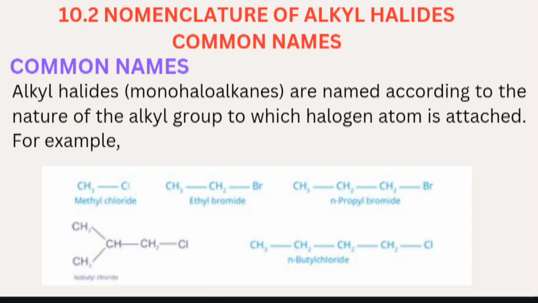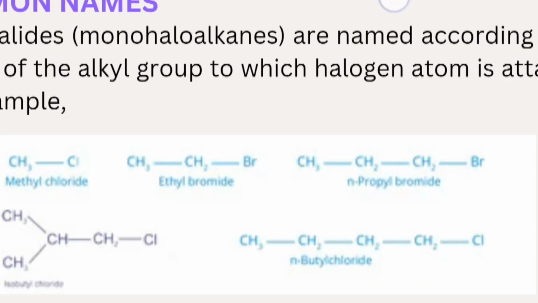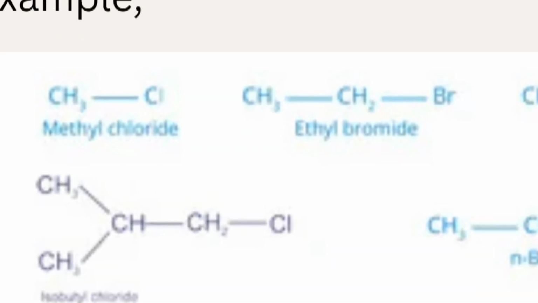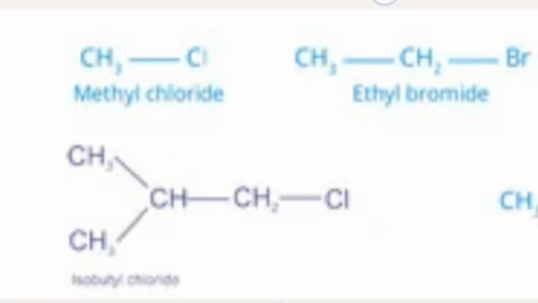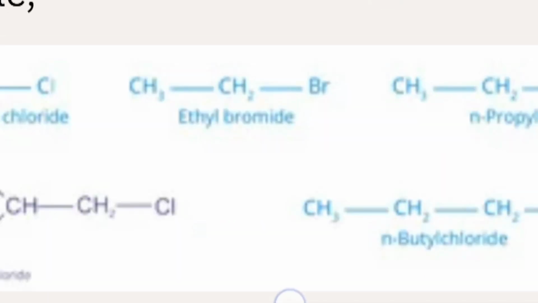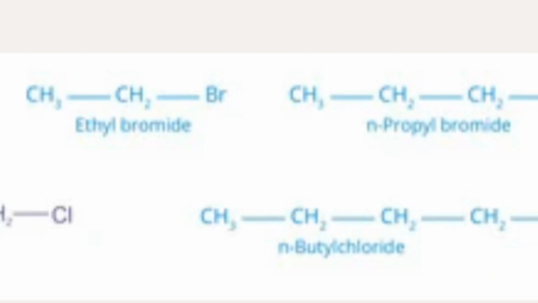As you can see in the examples, in the first example, the methyl group is attached with the chloro group, so this is called methyl chloride. And in the second case, the ethyl group is attached to a bromide, so it is called ethyl bromide.